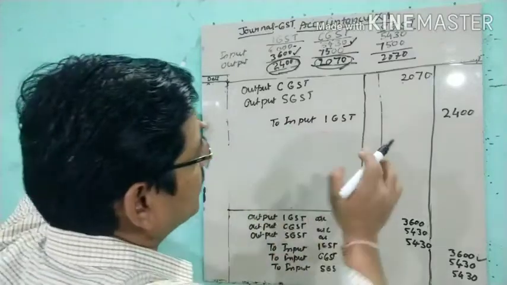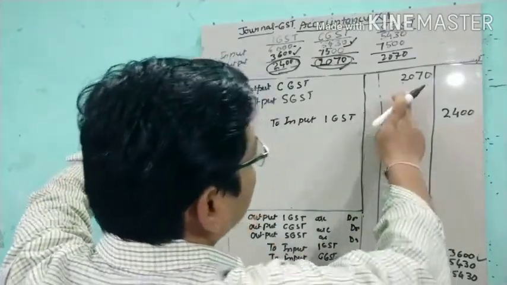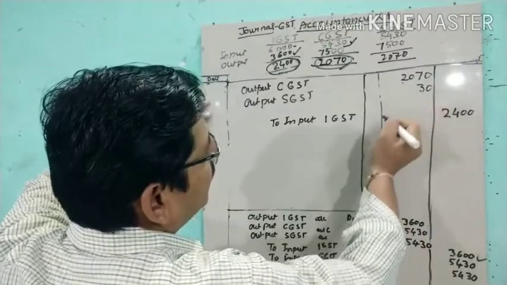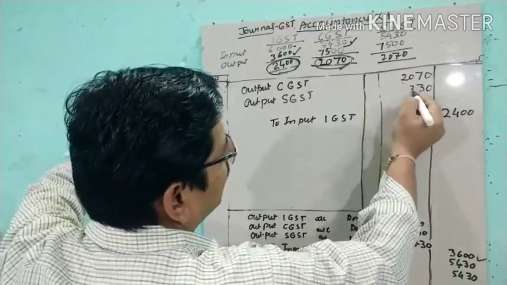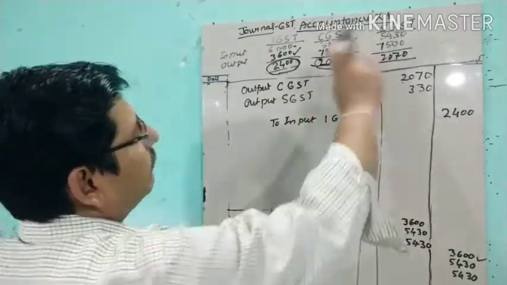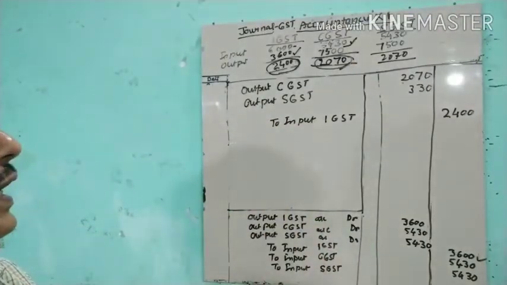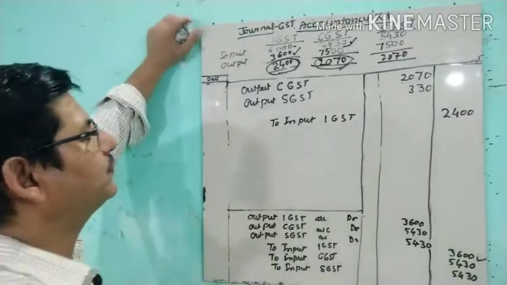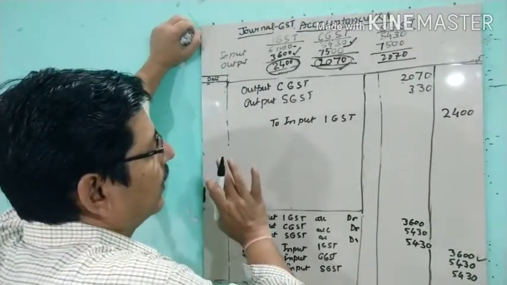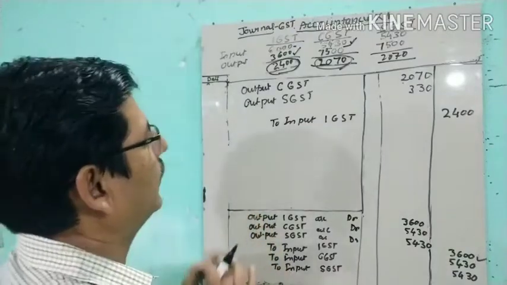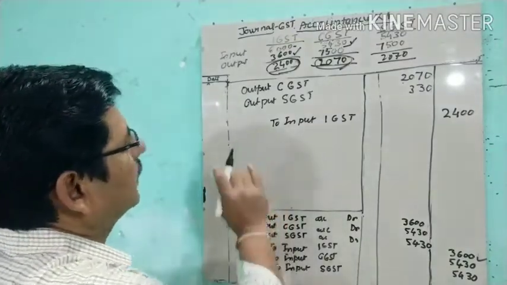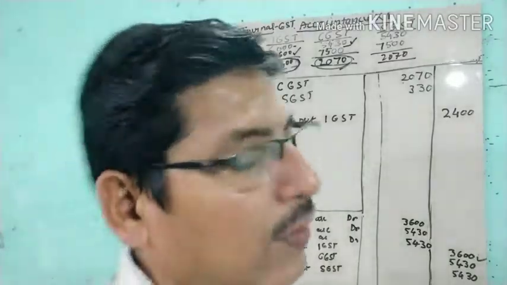How much remains? 2,400, so to make this 2,400, how much remained? 330. 330 will be adjusted from output SGST. Okay, output CGST, this has been done.